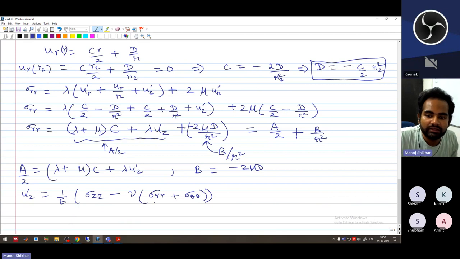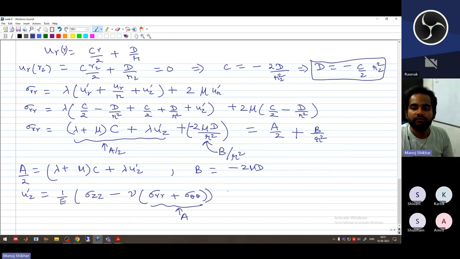And we also know that sigma RR plus sigma theta theta is constant, equal to A. So we can replace this expression here. So this will be 1 by E into sigma ZZ minus nu A.